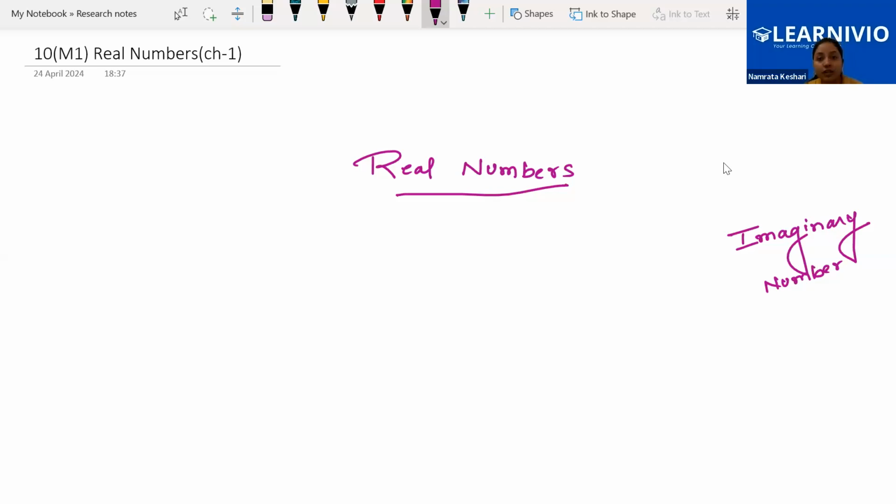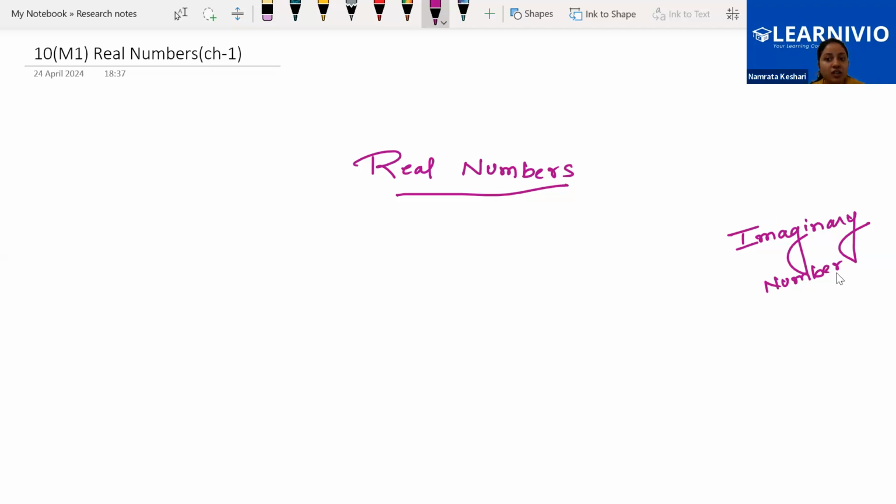All the numbers that exist in this universe, the numbers you can write using the digits from 0 to 9 on your copy, are real numbers.